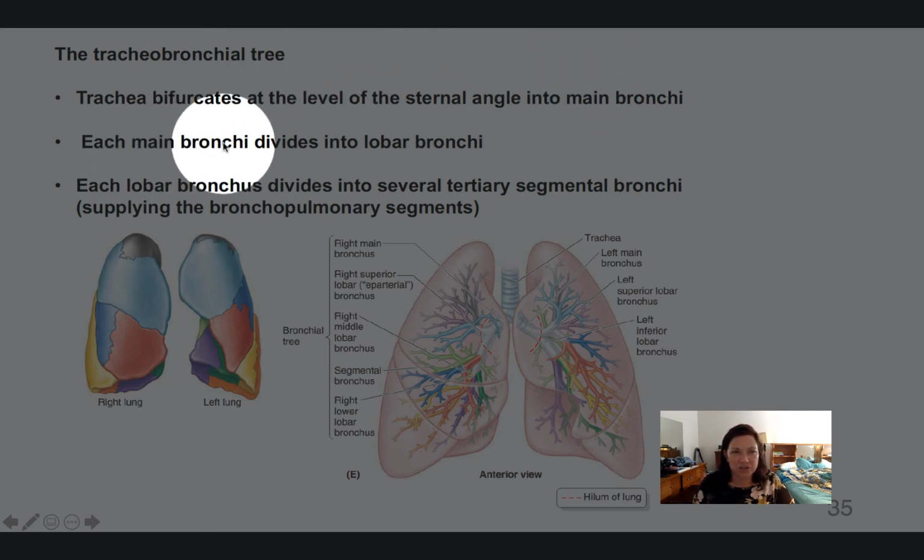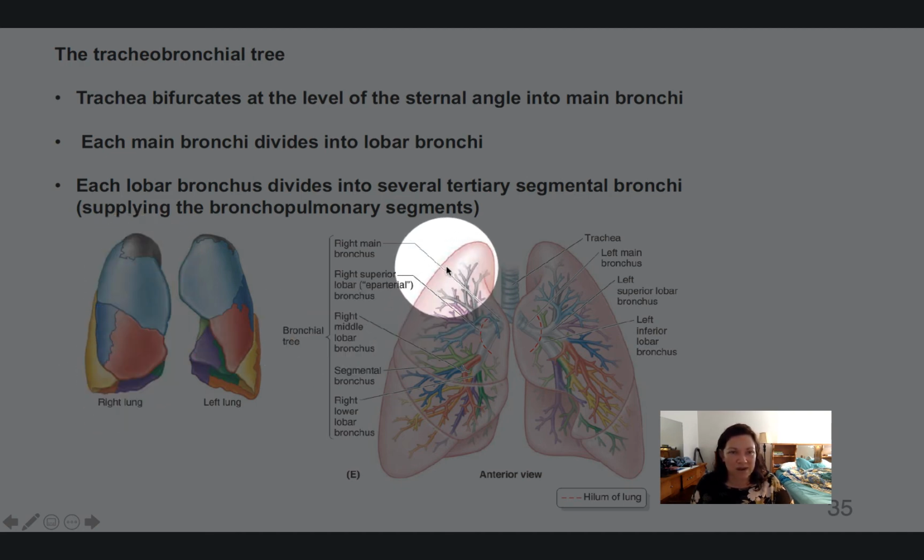In turn, each main bronchus divides into lobar bronchi, and each lobar bronchus divides into several tertiary or segmental bronchi. And so the colors on here represent the segmental bronchi, and you know that because there's a lot of them.